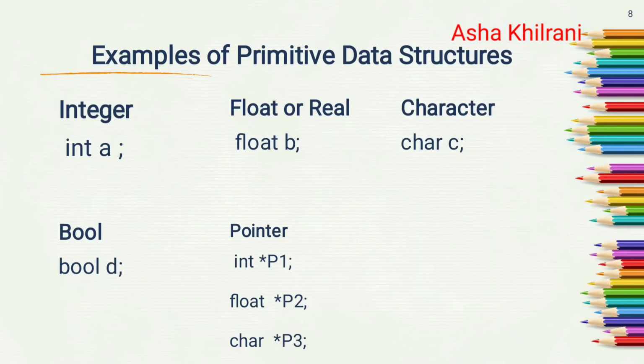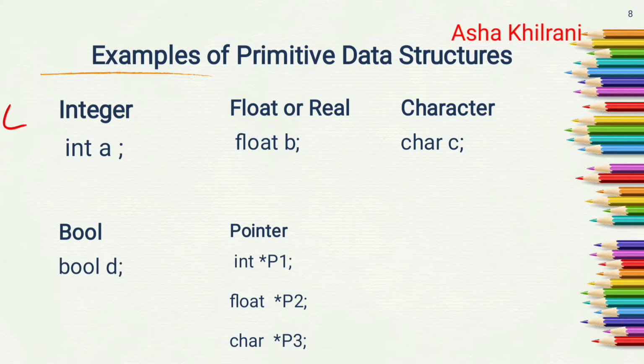Like if you create two integer variables, you can perform addition on these integer variables. So you can perform addition, subtraction, multiplication, these types of basic operations on primitive data structures. What are the examples of primitive data structures? Primitive data structures can be of type integer, float or real, character type, bool type or pointer type.